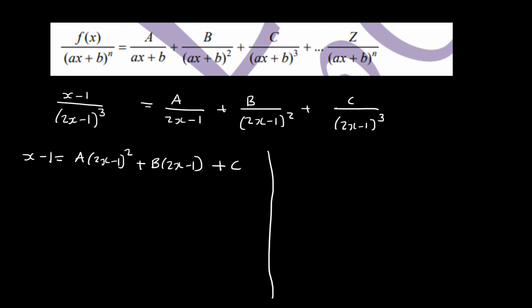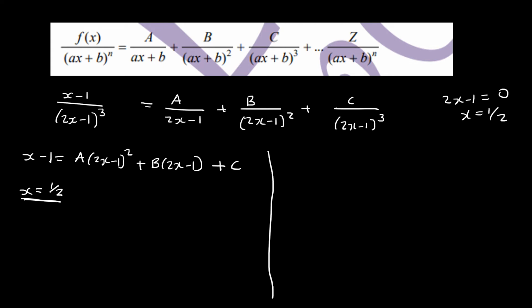Now remember, the easy way to solve for these constants a, b, and c is to try to make some terms zero. The only term we can make 0 is 2x minus 1. It will be 0 only if x is positive half, because if you solve 2x minus 1 equals 0, you'll notice x is half.